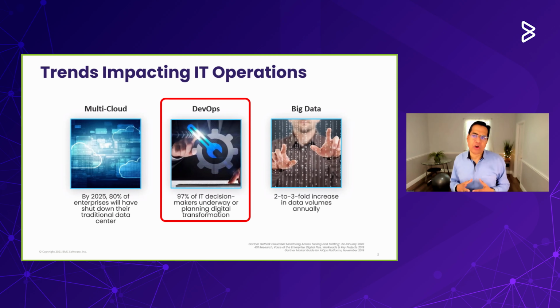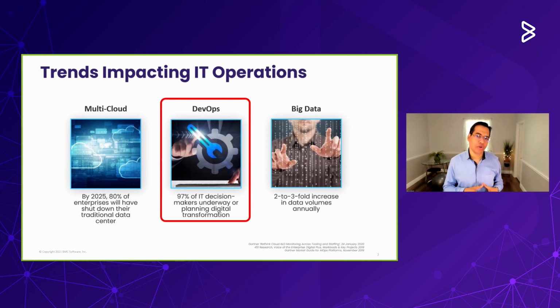DevOps teams often begin to use a microservices architecture for applications, which allows us to quickly iterate. These microservices-based apps generate a lot of data, and agile methods in DevOps can lead to inconsistent quality and unpredictable scalability.